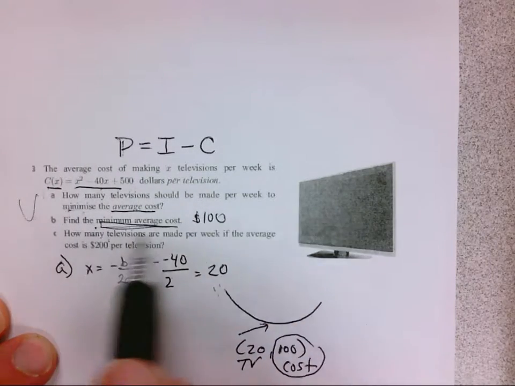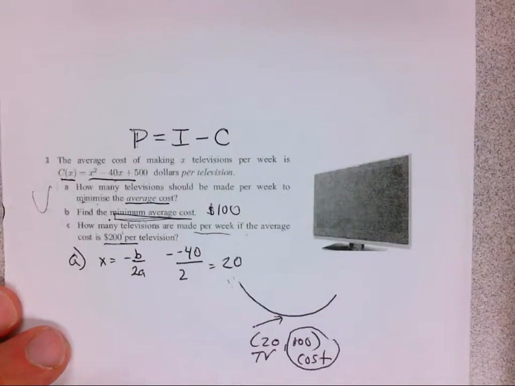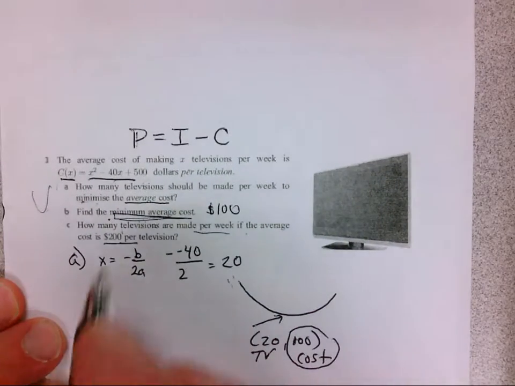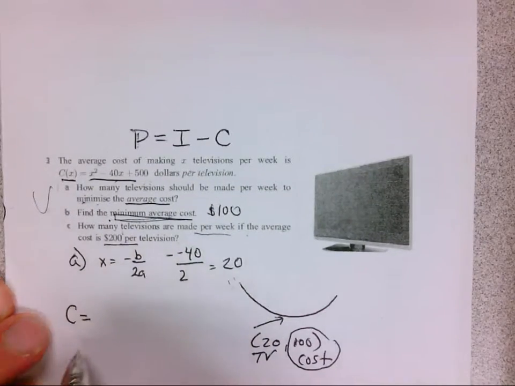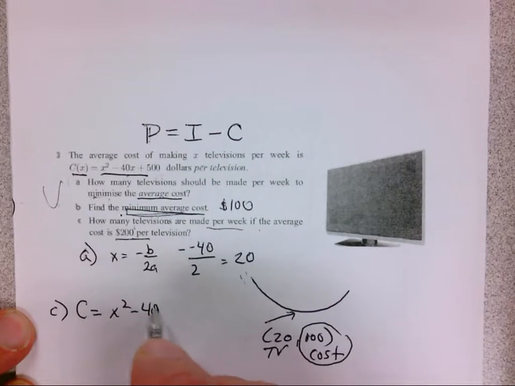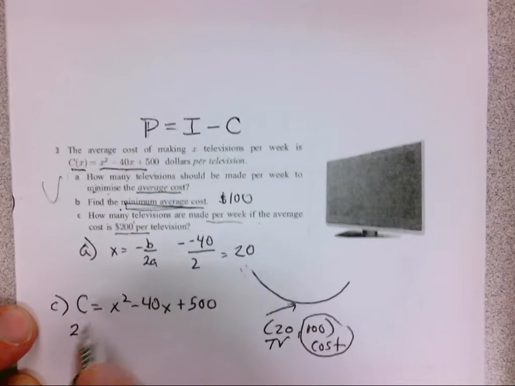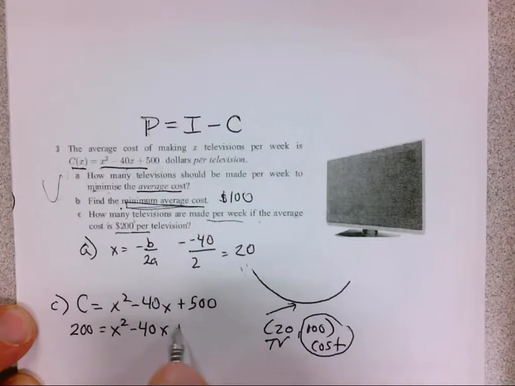How many televisions are made per week if the average cost is 200? Now this is asking a different question. This is saying the cost is 200. My equation for cost is 200. So 200 equals x squared minus 40x plus 500.